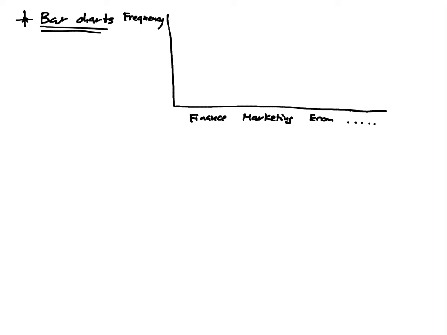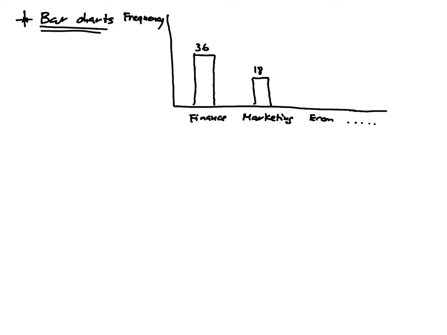So in finance, we have 36. So let's draw a bar for finance and label 36 on top, just to convey that there are 36 finance majors in the dataset. For marketing, we have 18, so that's about half of 36.